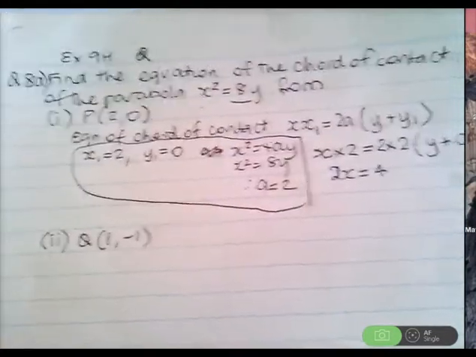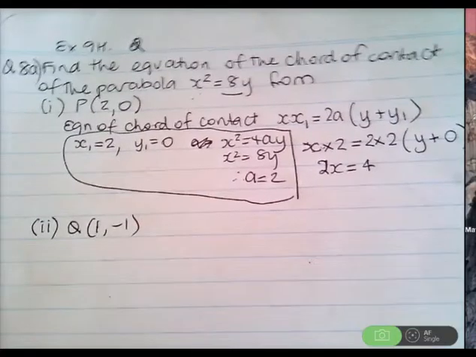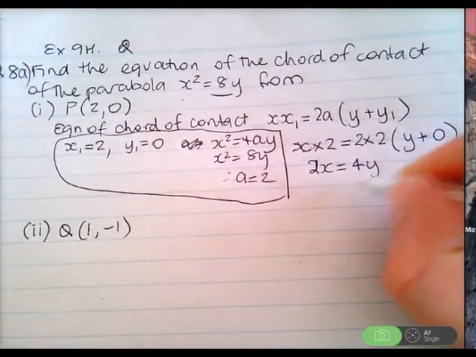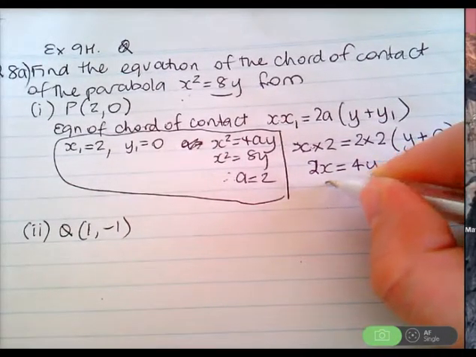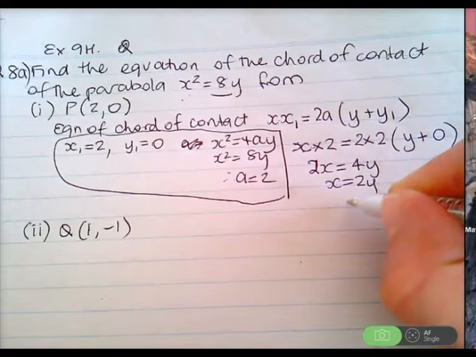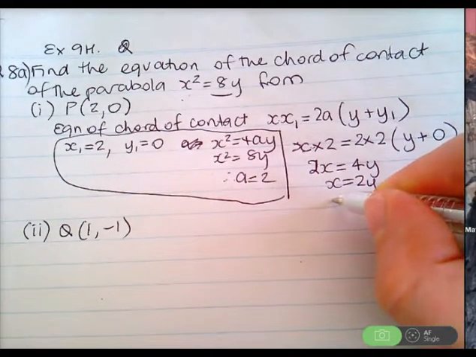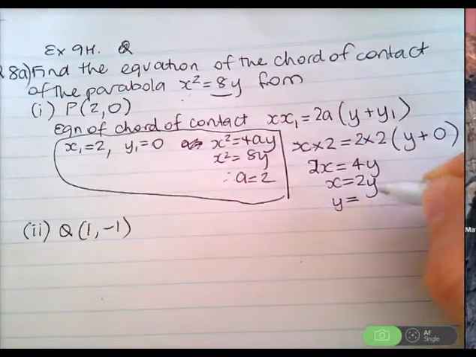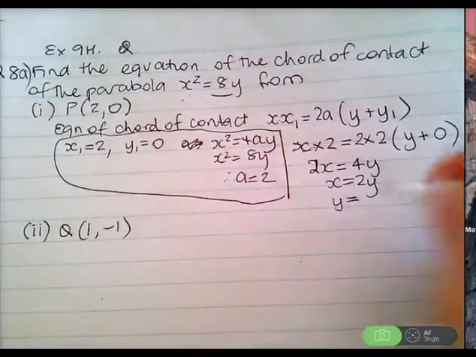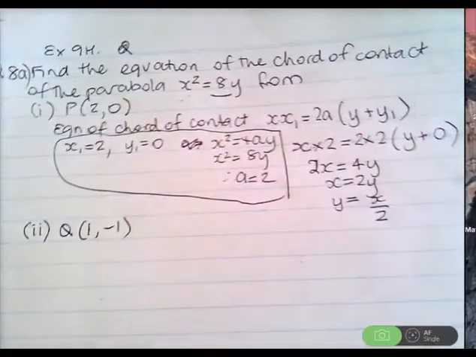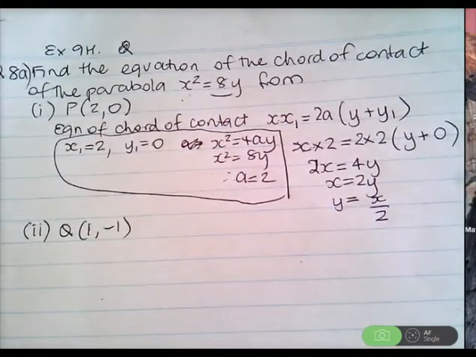Oh, you can't see that. 4y. So therefore, we don't like to leave it like that. Dividing everything by 2, x is 2y, or y equals x on 2. It's just a straight line.